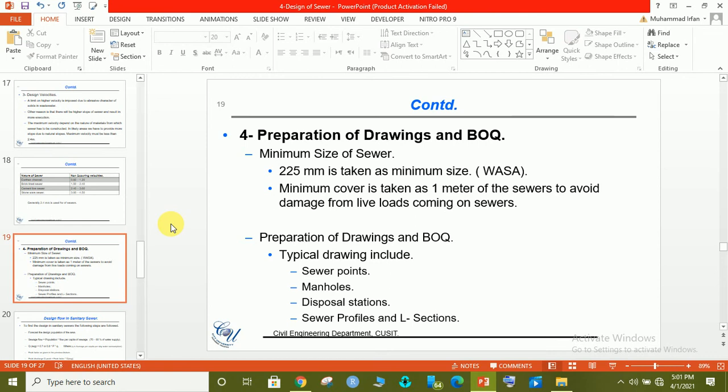Minimum cover means the soil above the sewer, which is at least 1 meter. Typical drawing includes the sewer points, manholes, disposal stations, sewer profiles, and all sections.